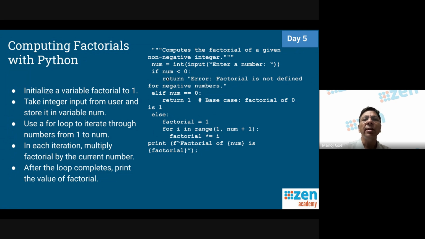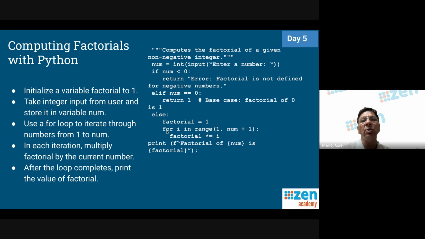Elif num is less than 0, then return, because you cannot have the factorial of a negative number. If num equals 0, then return 1. That's the factorial. Else, factorial equals 1 initially, and then for i in range 1 to num plus 1, factorial equals factorial into i.